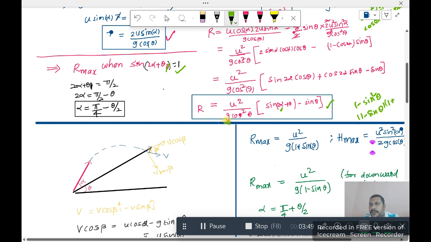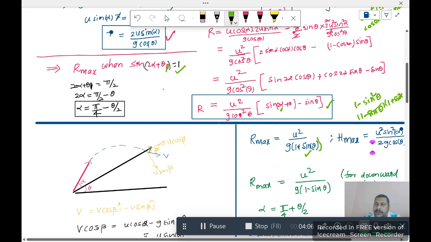A square minus b square formula. Therefore the 1 minus sin theta already above cancels, leaving 1 plus sin theta. This you also have to remember: r maximum is equal to u square by g into 1 plus sin theta.